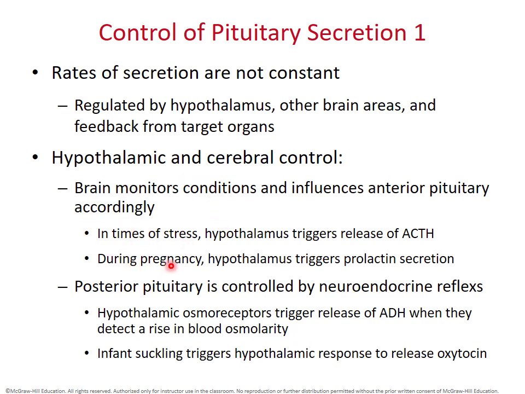Sometimes it's an automatic kind of release of a neurotransmitter or hormone from the nervous system. Sometimes it's in response to chemical changes in the body. Sometimes it's in response perhaps to emotional or conscious stimuli. So the only message here is that there are a variety of stimuli that can be used potentially to regulate the activity of a particular gland, and it's going to be slightly different for different glands in the body.